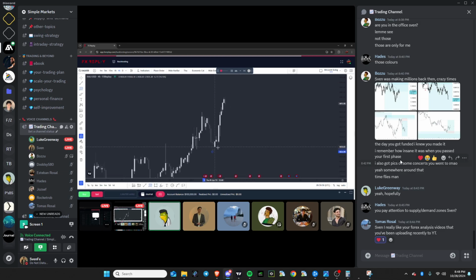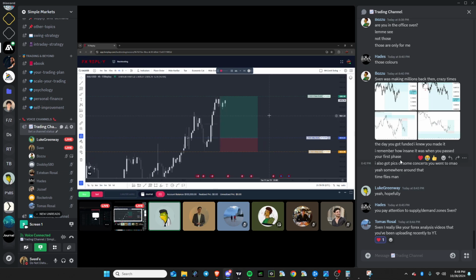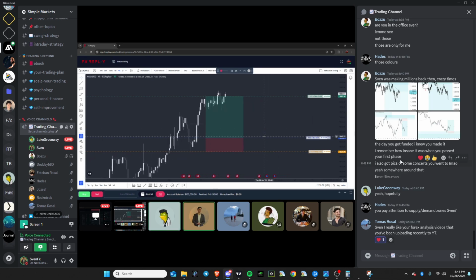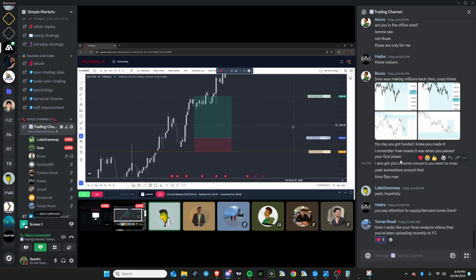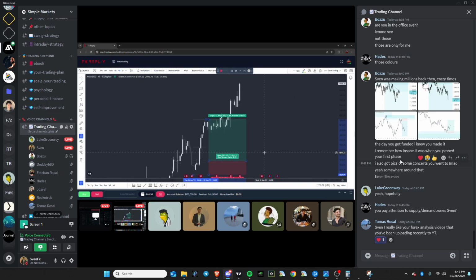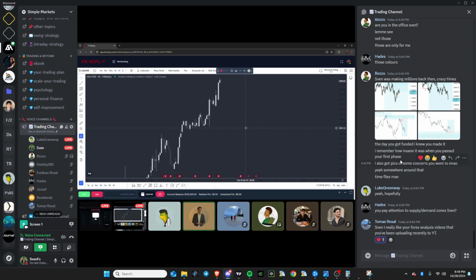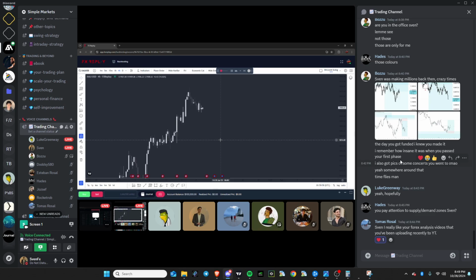Okay, so here's the first setup. See the breakout structure here. Looks good. One thing I have learned is what a good setup looks like and what bad setups look like, and this is kind of like a good one. Now it's gone. Would you still keep the order on? No. I want a stronger back.